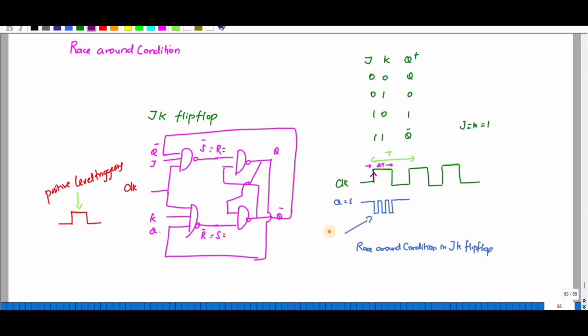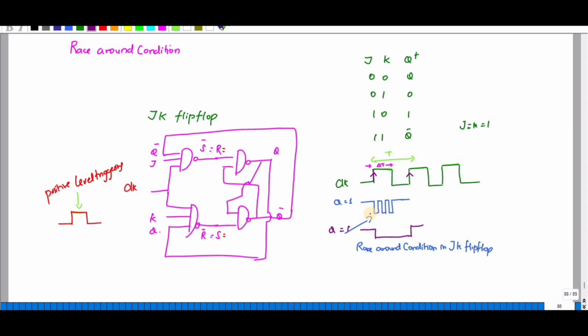Q is initially 1 and the clock is active only till this point, so it goes to 0 and remains 0 for the entire duration. Only at the second edge trigger will it move to 1 again, if the values of J and K are equal to 1. This way I can avoid the race around condition.